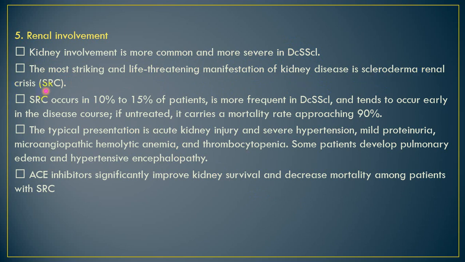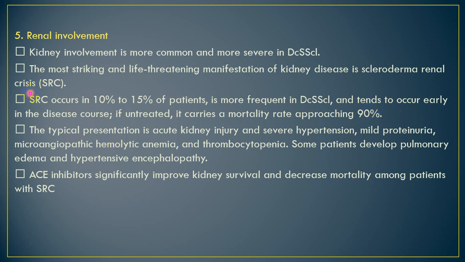It is a specific entity, which occurs in 10 to 15% of patients, usually in patients with the diffuse type, and tends to occur early in the course of disease. When it occurs without treatment, the mortality rate is nearly 90%.